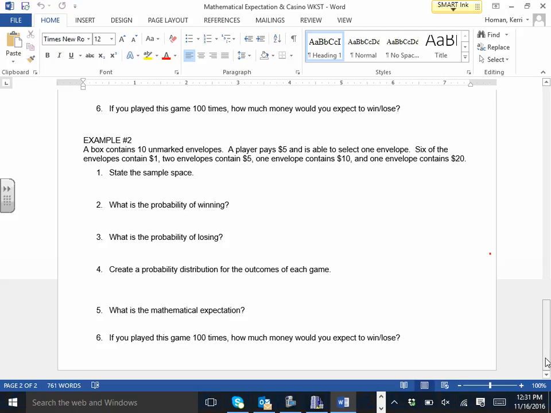Read through example 2. We have envelopes, right? How many envelopes do we have?